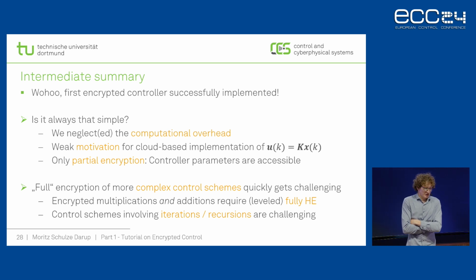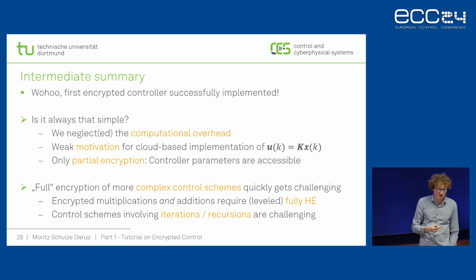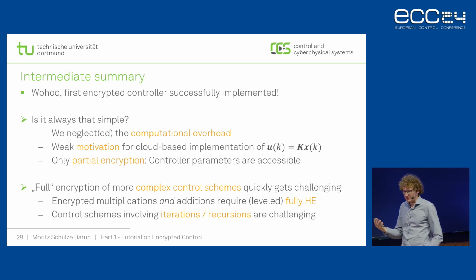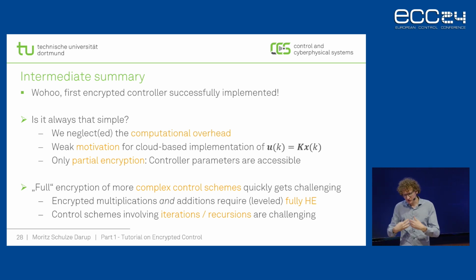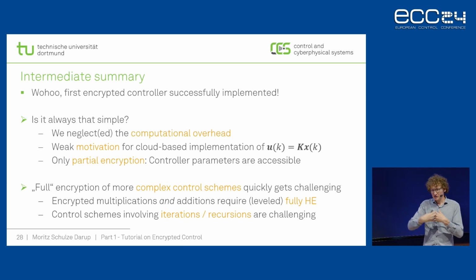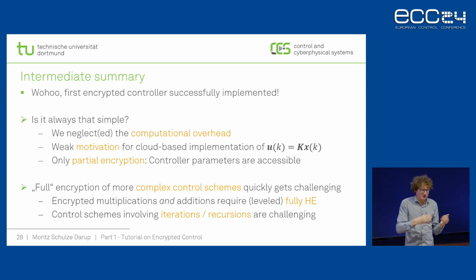Okay, so if we are looking for full encryption of more complex schemes, then the challenge quickly becomes quite hard, and we then need fully homomorphic encryption schemes, or at least the leveled versions of it. Leveled means that we have multiplications and additions, but only a finite number. The fully homomorphic scheme gives you infinitely many additions and multiplications, but here we often are dealing with leveled ones, where you can have, whatever, 10 multiplications in a row or something like that.